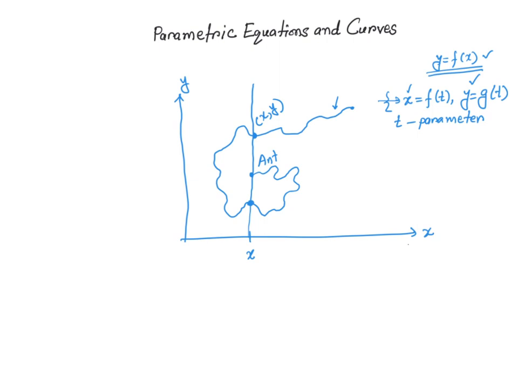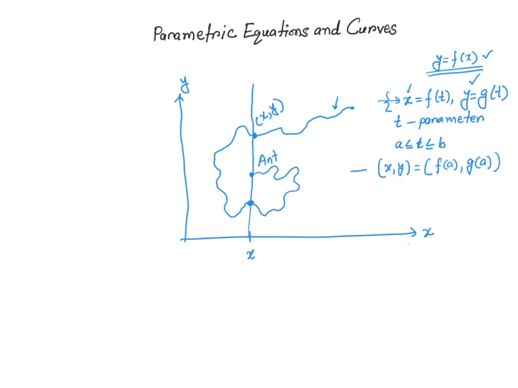Now, we trace the curve over some interval of t. So let's say a is less than or equal to t is less than or equal to b. So t is between a and b. So now my points x comma y at the initial point is going to be f of a comma g of a.